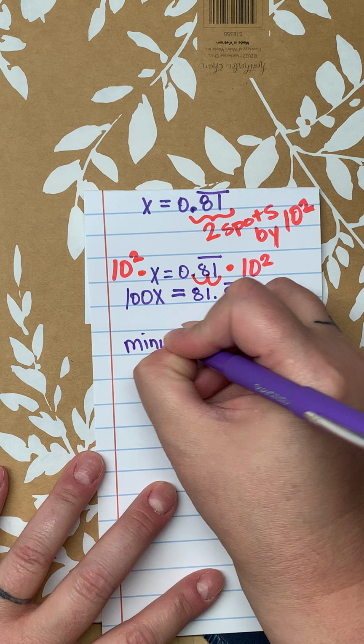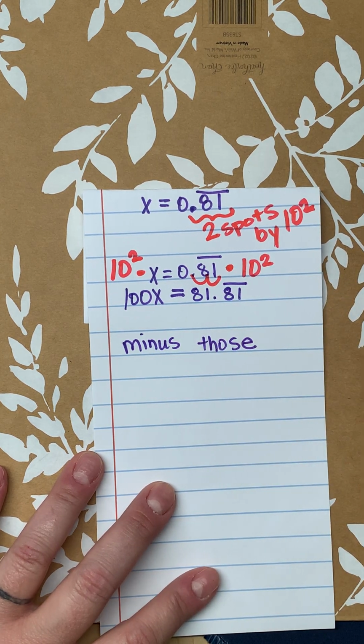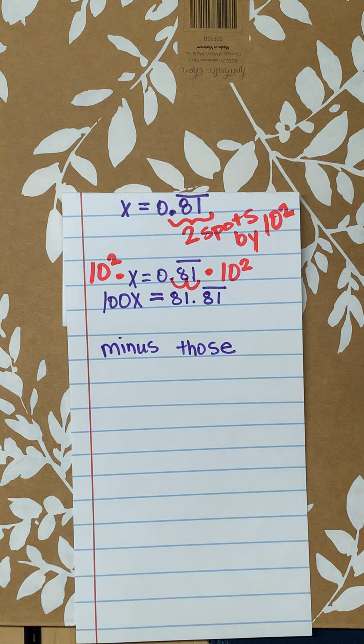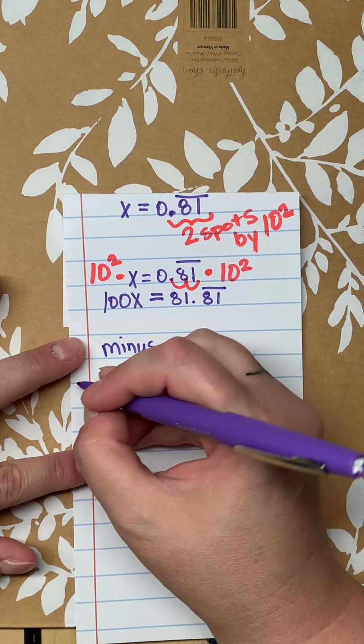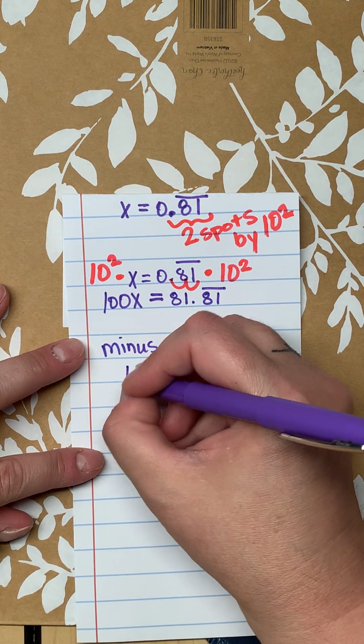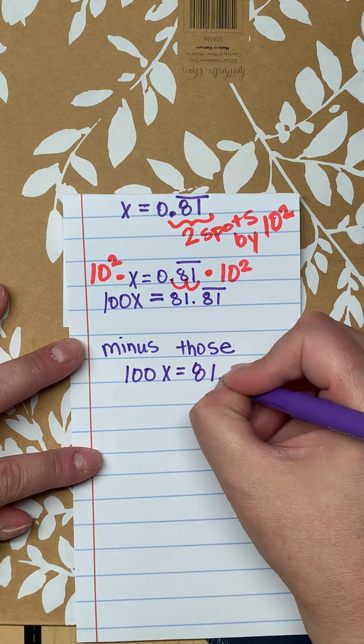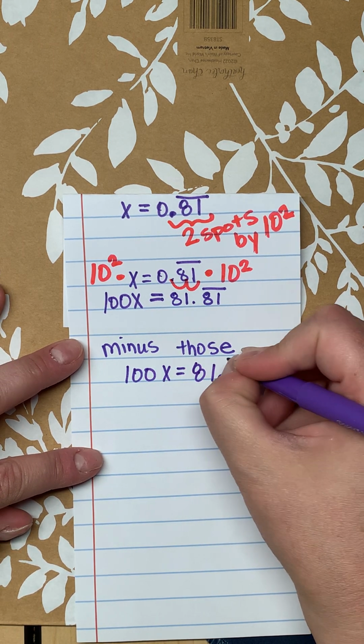Okay, now what you're going to do is you're gonna minus those. And this is kind of weird because we're gonna actually subtract the whole equations together. So we're gonna put the big guy minus the small guy. So we're gonna say 100x, that's the equation with the big numbers.